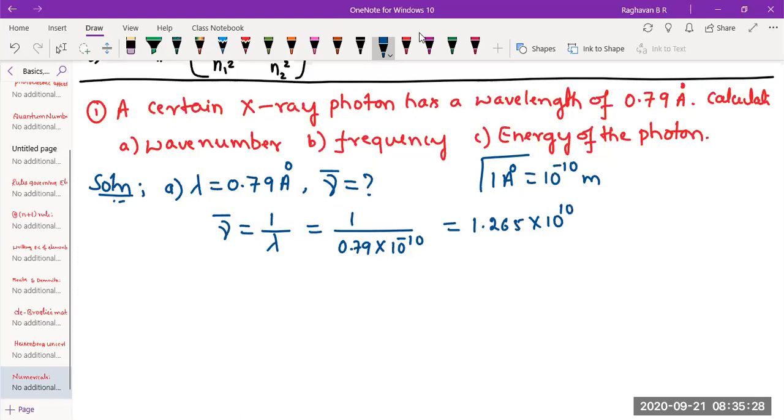What is the unit of lambda? Meter now, because we have converted Armstrong to meter. So 1 by meter, when it goes to the numerator, is per meter. Am I right? So that's the unit. How do you get 1.265? 1 divided by 0.79 will be 1.265. This 10 raised to minus 10 goes to the numerator, giving 10 raised to 10 per meter.